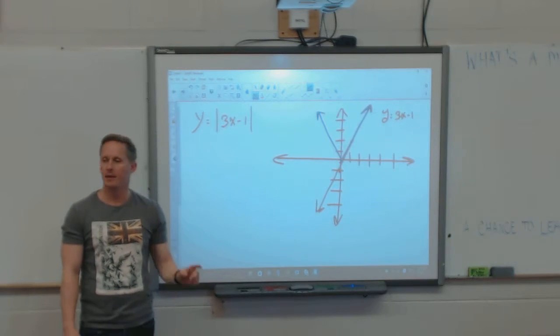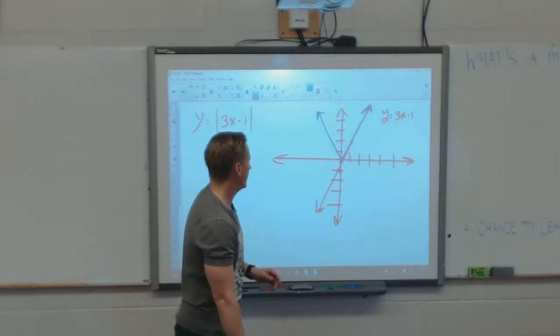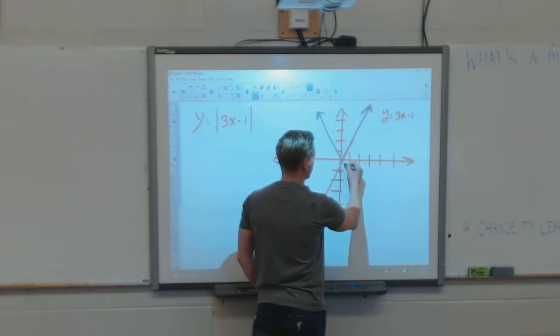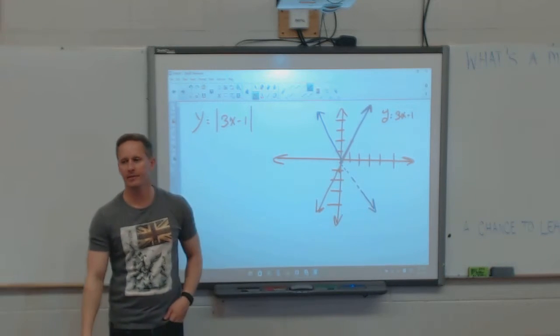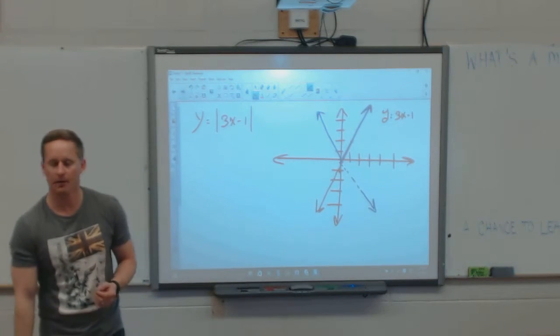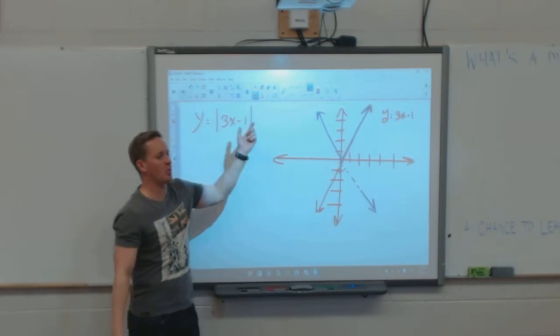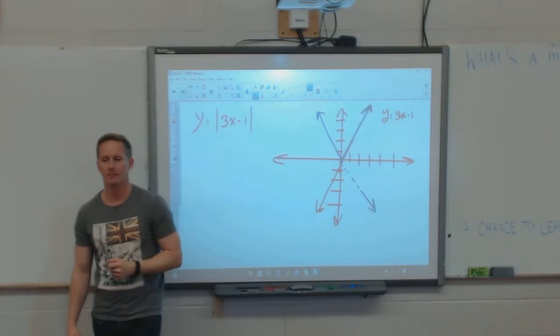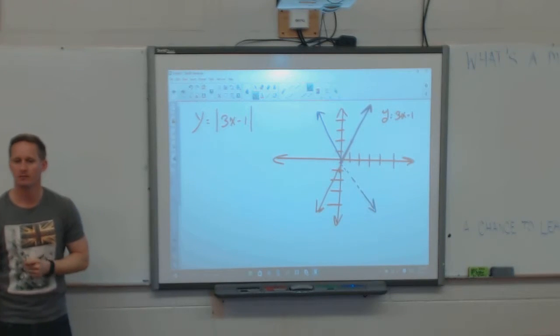Okay? Here's the complicated part. It's going to ask you to give the domain of this graph. So the domain of this graph is what? What's the domain of y equals the absolute value of 3x subtract 1?